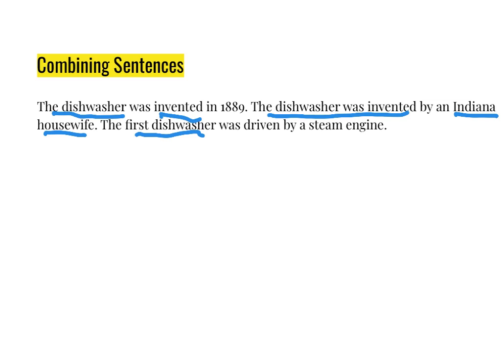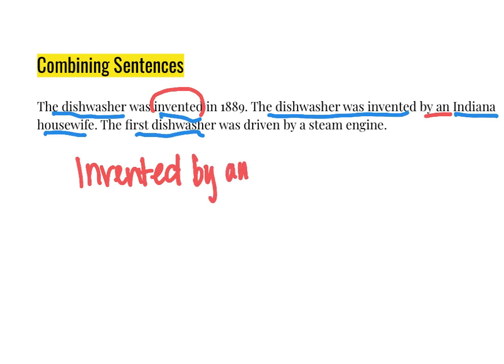Actually, I'm going to start with a participial phrase because we already have a past participle here. So we're going to say invented, and then here, by an Indian housewife, comma. And then what are we trying to say about it?